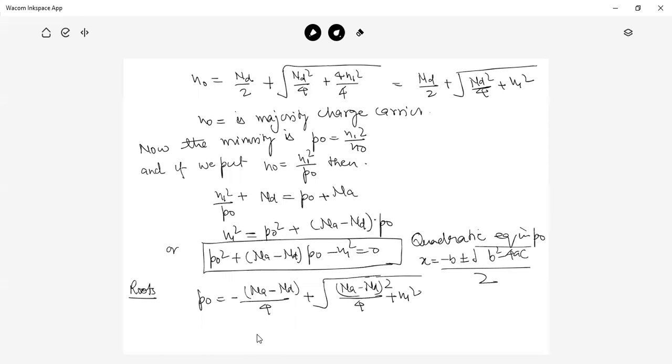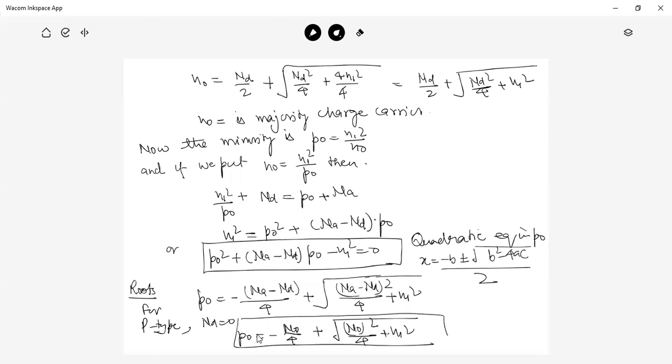So in this case, for p type, we have N donor is 0. So p0 is N_A by 2 plus under root N_A squared by 4 plus ni squared. So these are the charge neutrality conditions, giving the concentrations of majority as well as minority charge carriers.